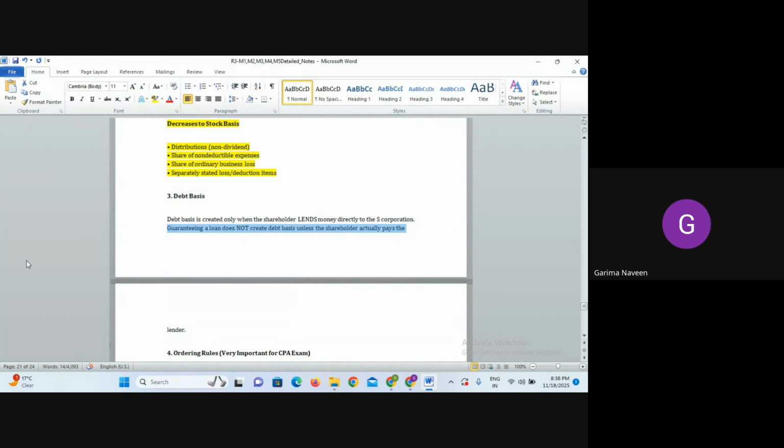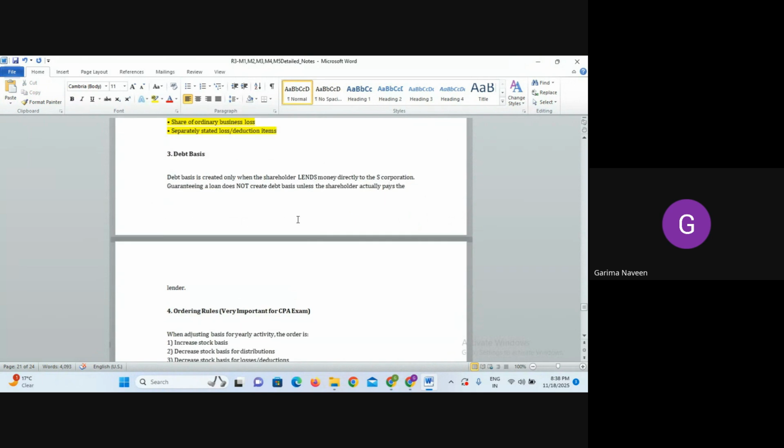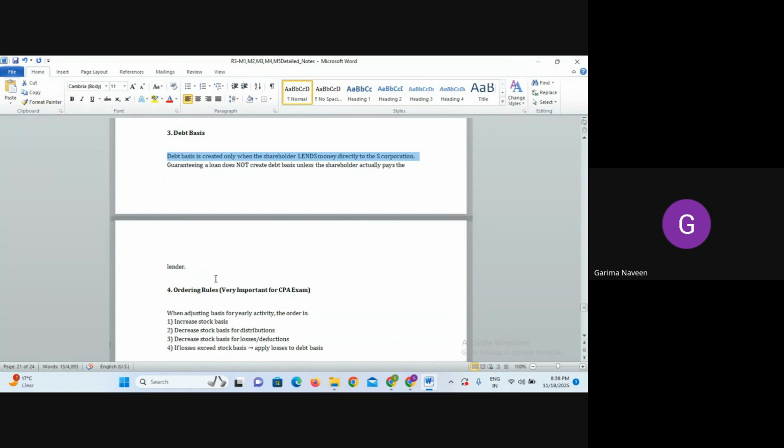Only the amount you have given to the S corporation counts, because you do not have any liability for the S corporation. You have limited liability in case of an S corporation. So your debt basis represents only the amount you have given to the S corporation.